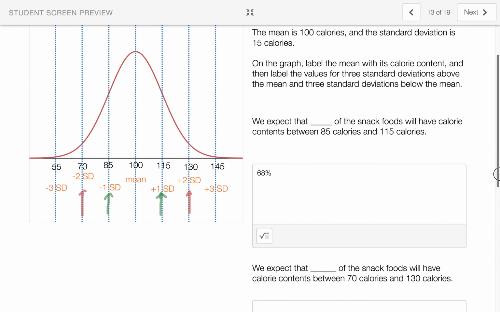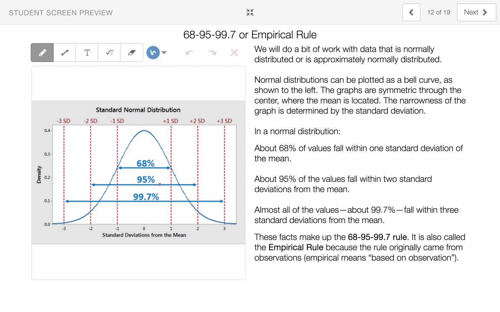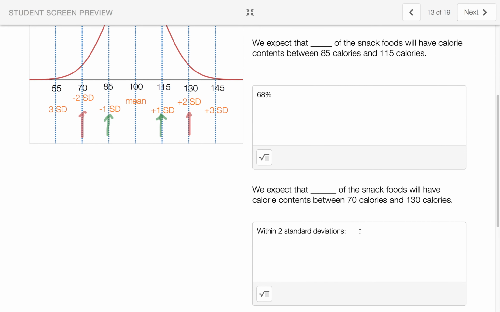That's within 2 standard deviations. So as a percentage within 2 standard deviations, if you didn't write it down, you come back and grab it, and that's 95%. 95% of the snack foods will be in that range between 70 and 130.